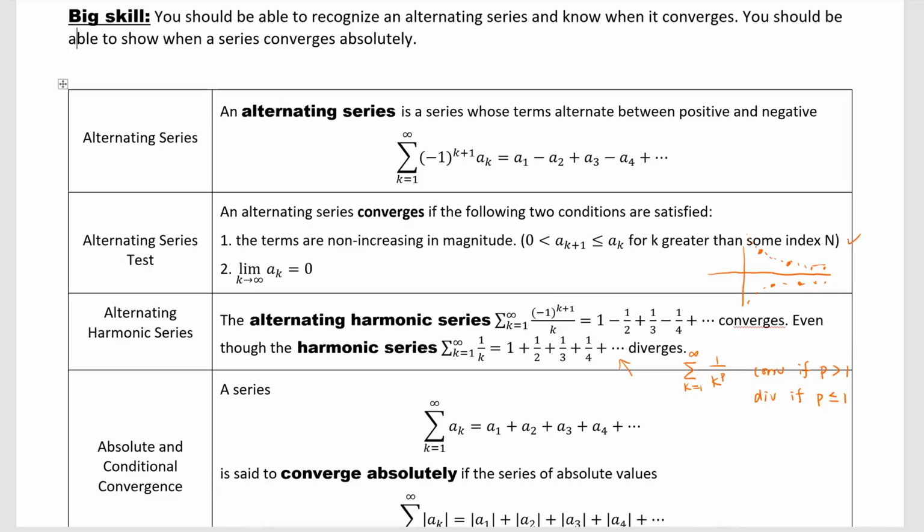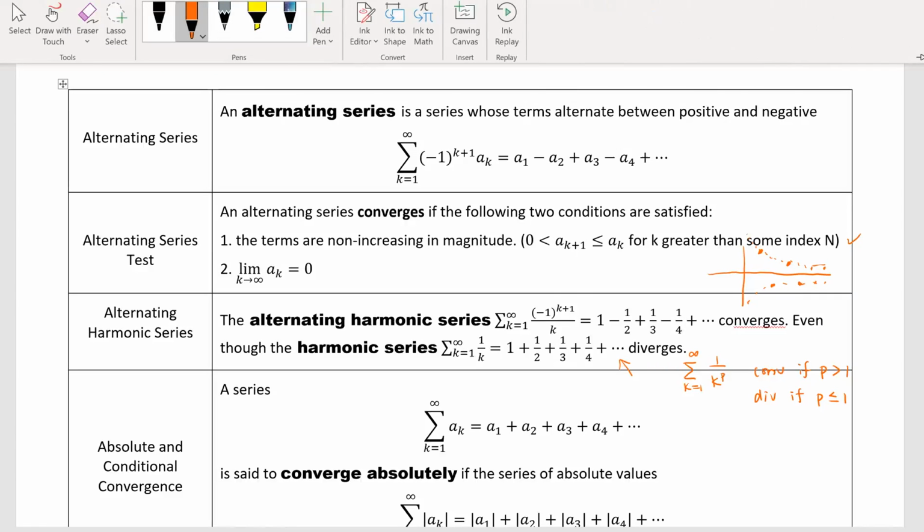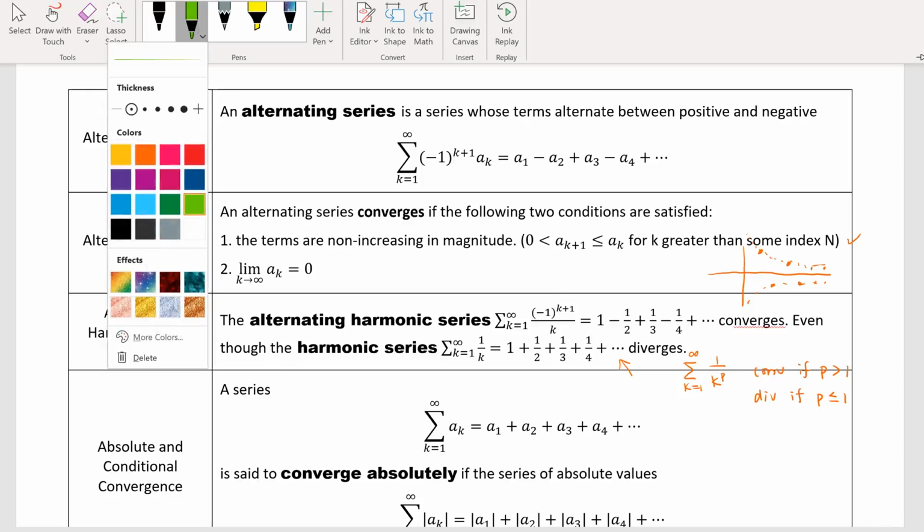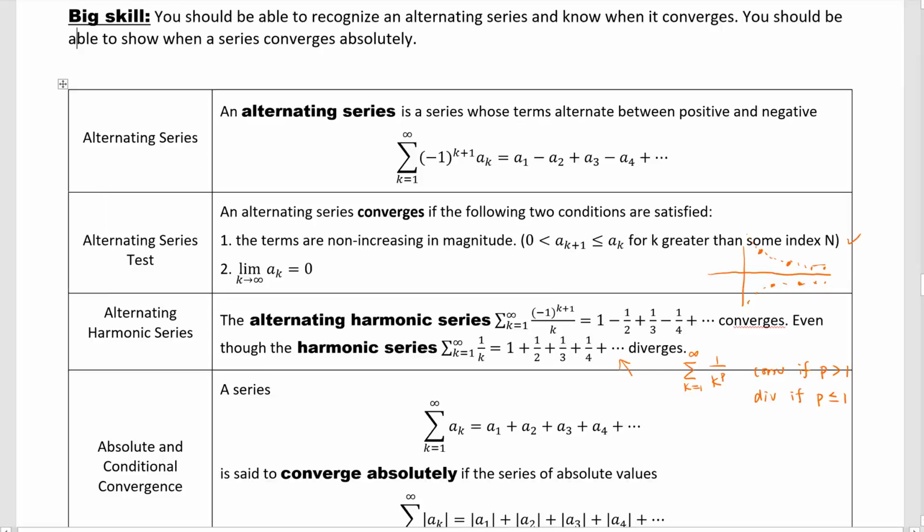However, for the alternating series, let's check those conditions. Let's look at the alternating harmonic series. The first condition: are the terms non-increasing? Yes, the terms 1 over k are decreasing. It's not only non-increasing, it's decreasing.